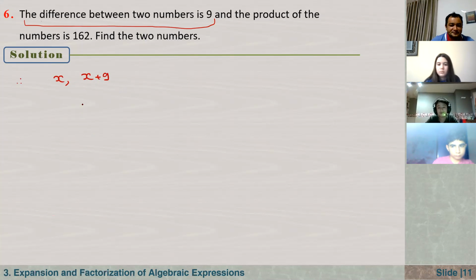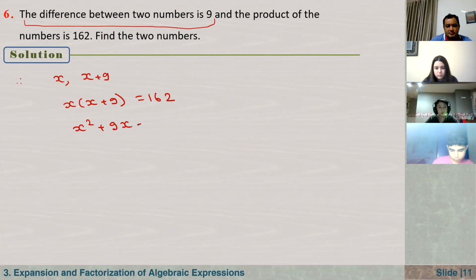So here, the product of these numbers, that is x times (x plus 9), is equal to 162. If you expand the left-hand side and take 162 to the left-hand side, we have a quadratic equation: x squared plus 9x minus 162 is equal to 0.